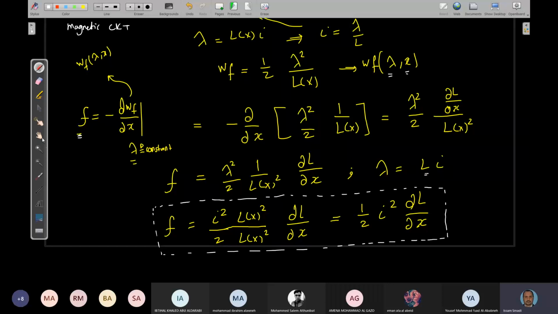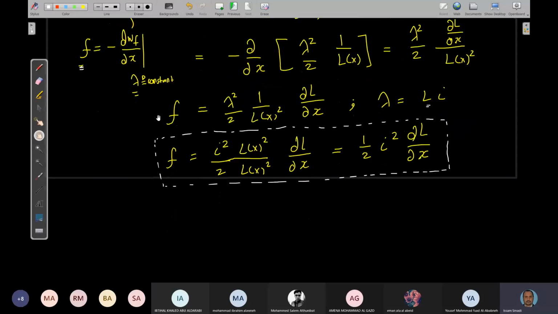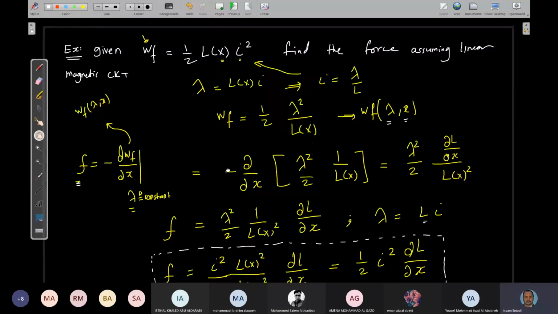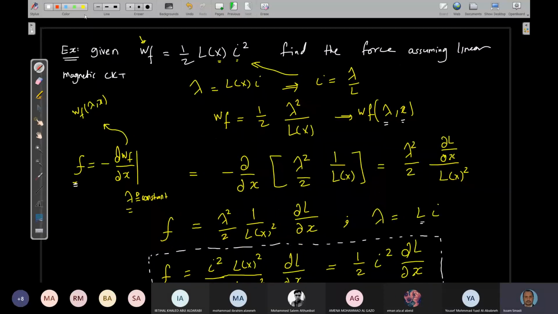Now, what about if I use the Coenergy? I think we assumed that the system is a linear magnetic circuit. Correct. I think in the question we did assume linear magnetic circuit.